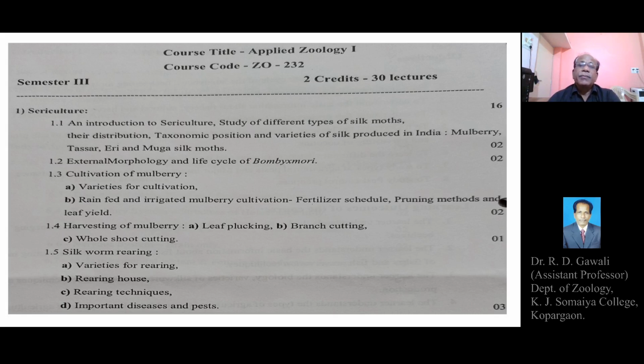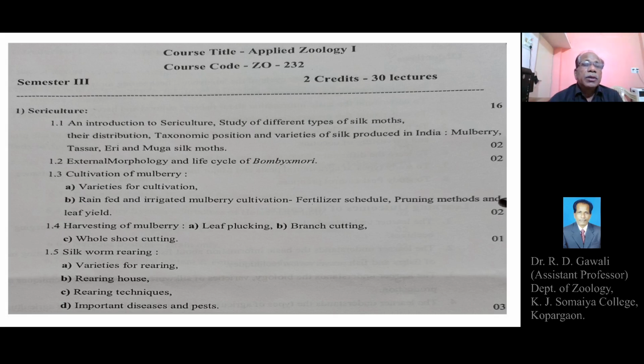And since the mulberry is the unique feed of the silkworms or the caterpillars of the Bombyx mori, that's why it needs the large quantity of mulberry leaves or the mulberry crop or mulberry garden for the continuous feeding of the caterpillars of the silk moth Bombyx mori. So it is the initial and the important step for the practice of mulberry sericulture.